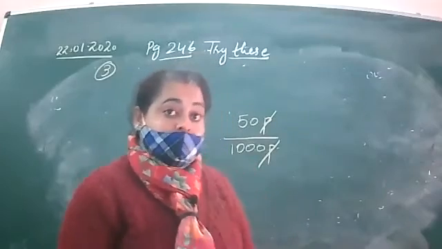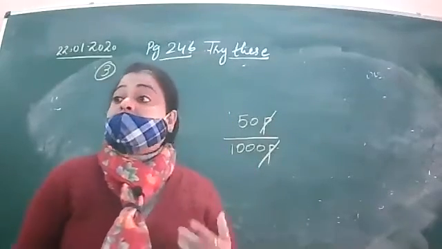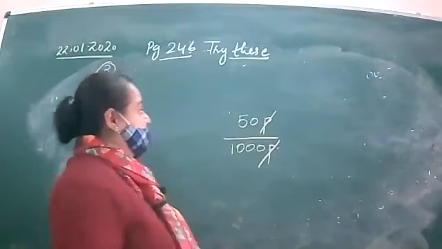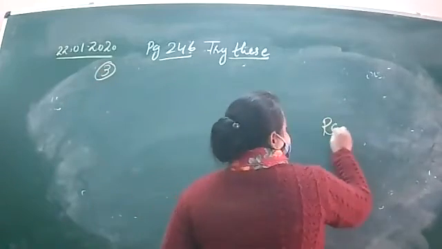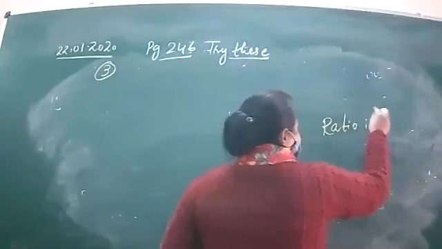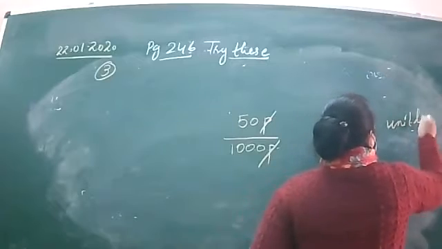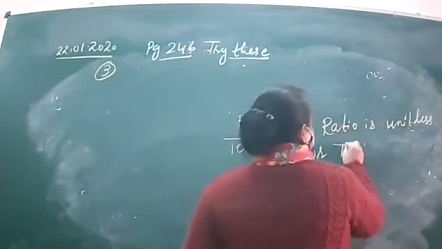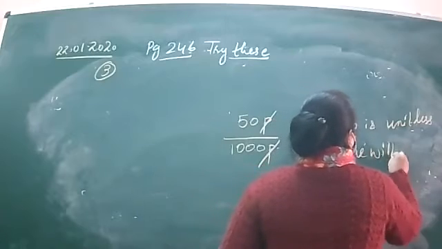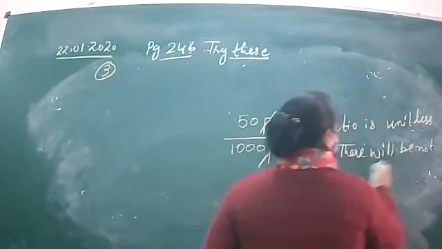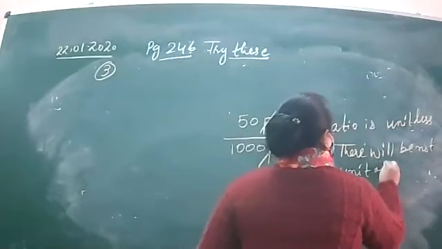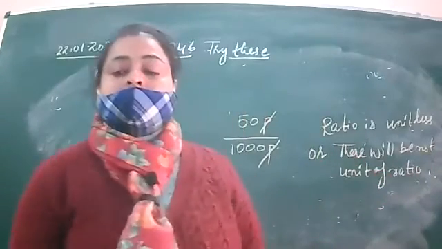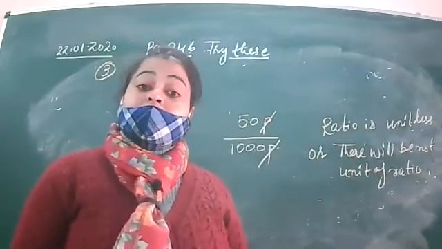Then you will write ratio is unit less, or there will be no unit of ratio. This is very important to note.